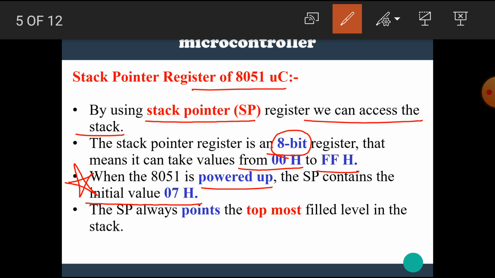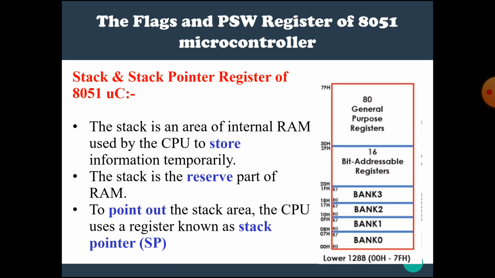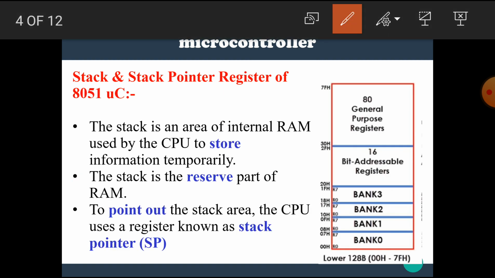But the stack pointer is the only register which has the value 07H after reset. Why does this happen? Because we already saw that after power up, register bank 0 is selected automatically and it ranges from 00H to 07H.